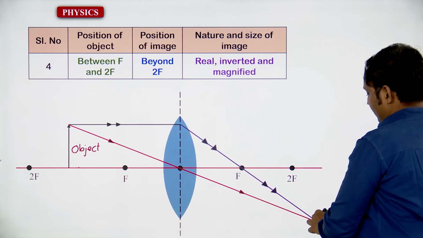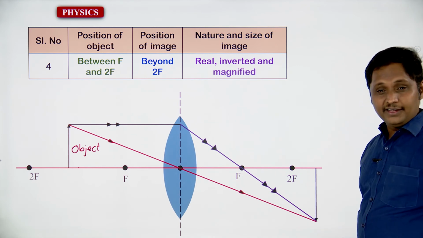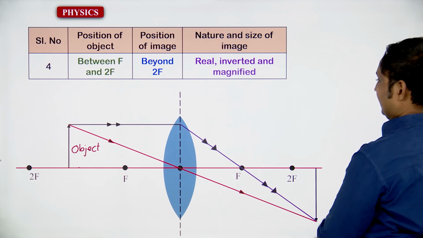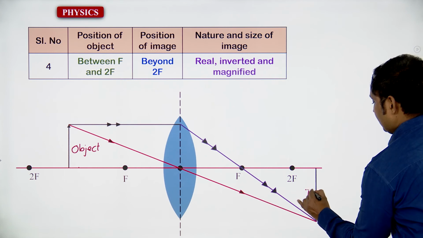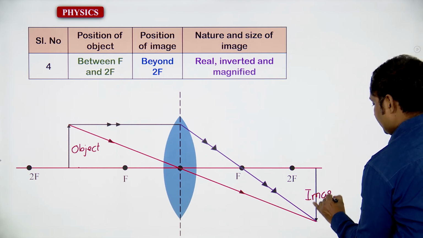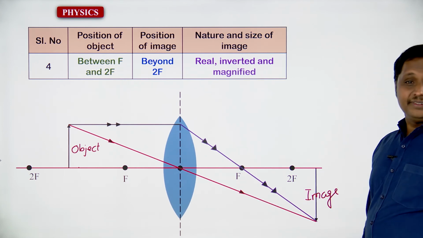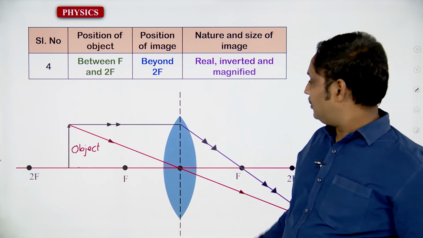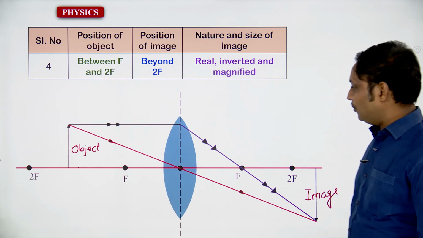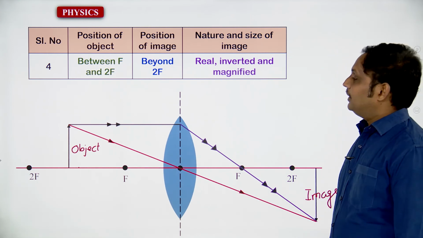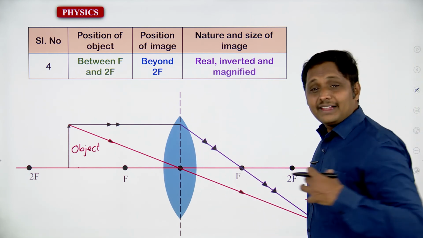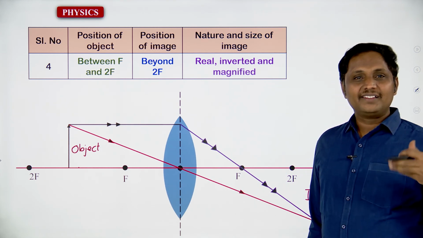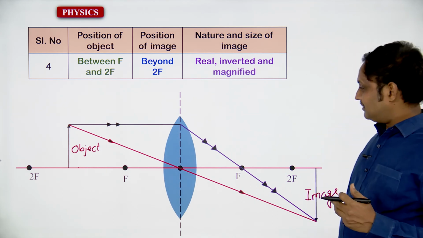We find that the image is going to be magnified, greater than the size of the object. From this point, the size of the image is going to increase. Say yes or no? All right.